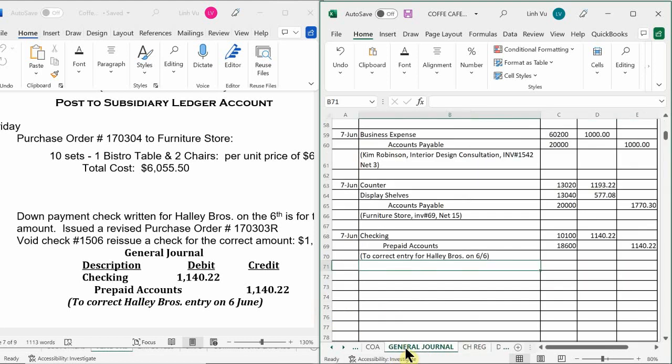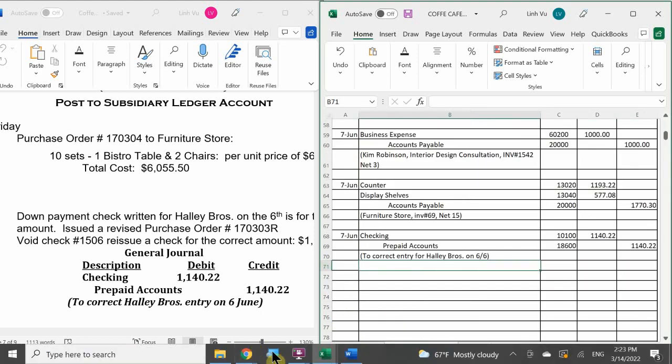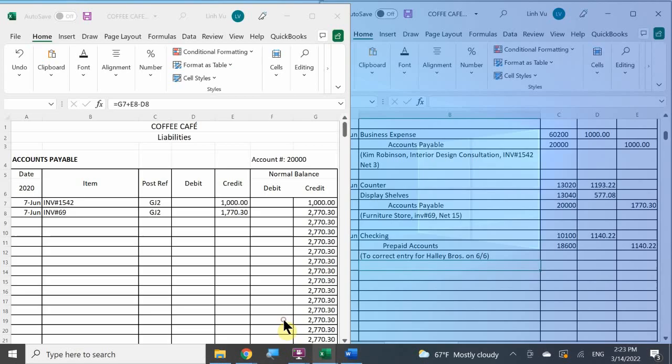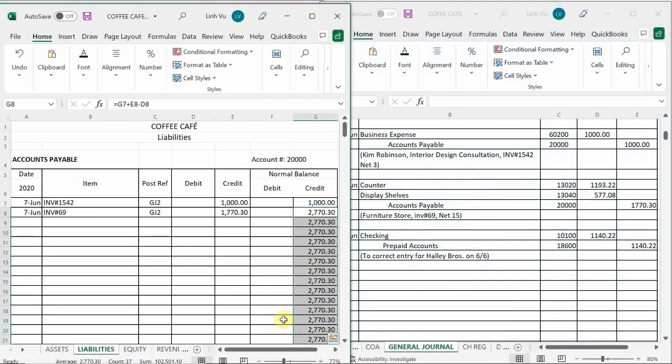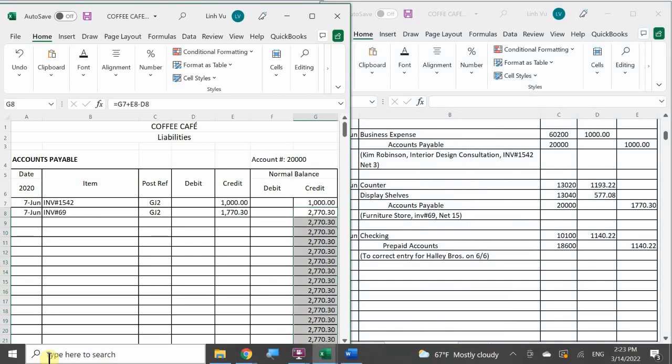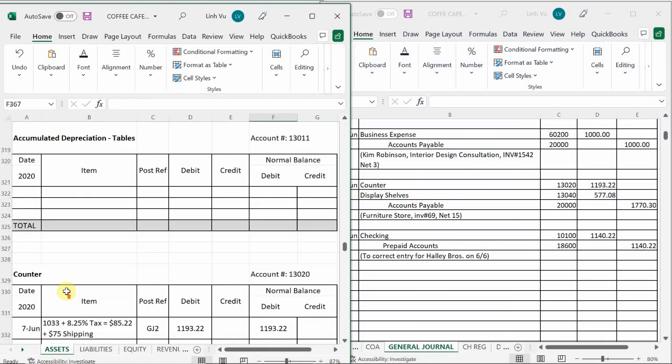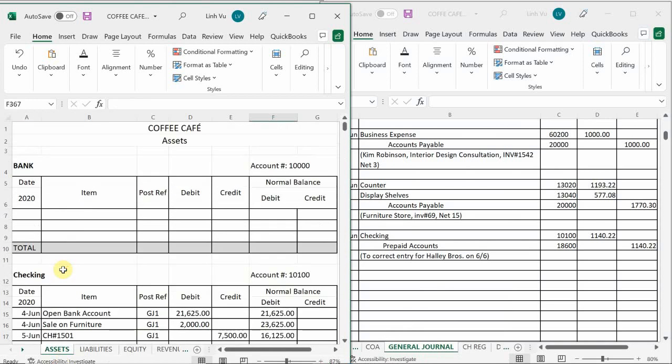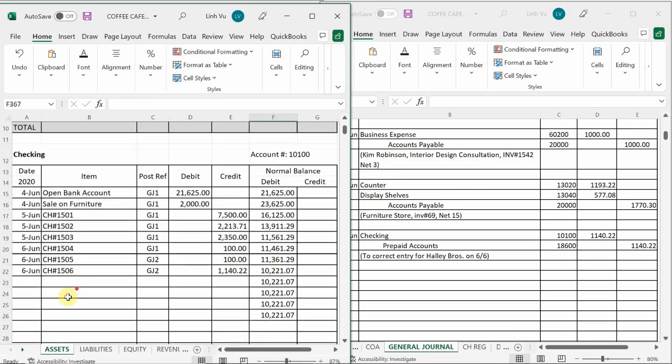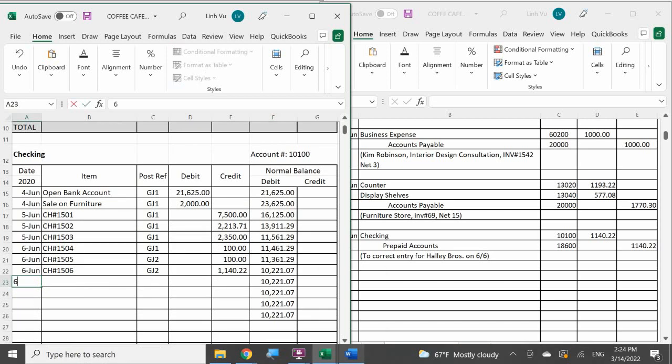So now I need to go to my ledger because I already voided my check. So I need to also indicate on my checking section here that I'm going to say it is the 7th, and I'm going to go ahead and put in void check number 1506.